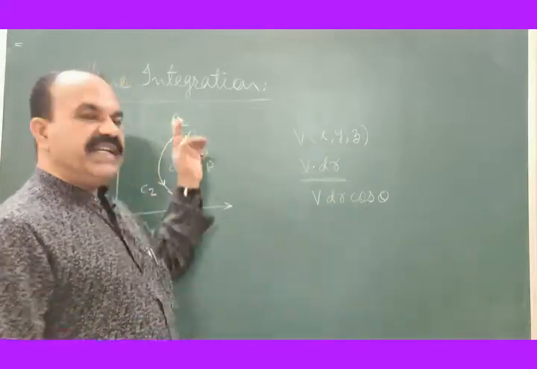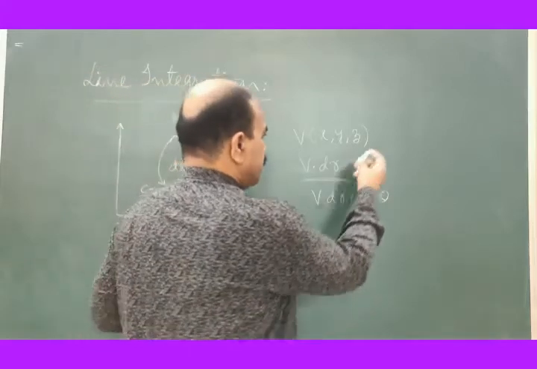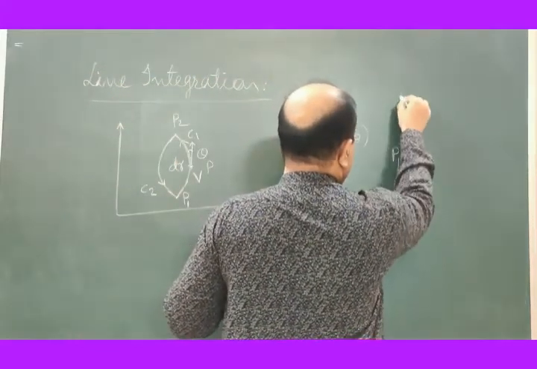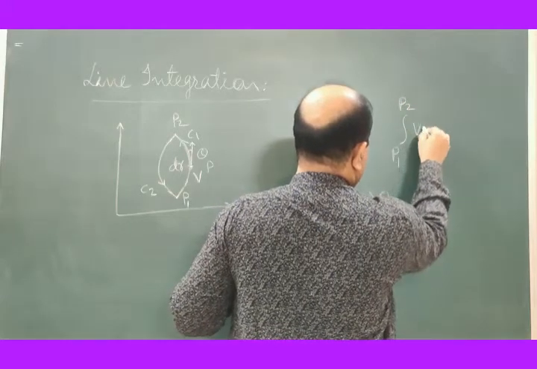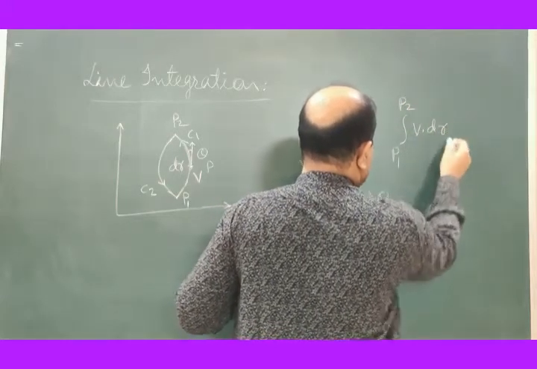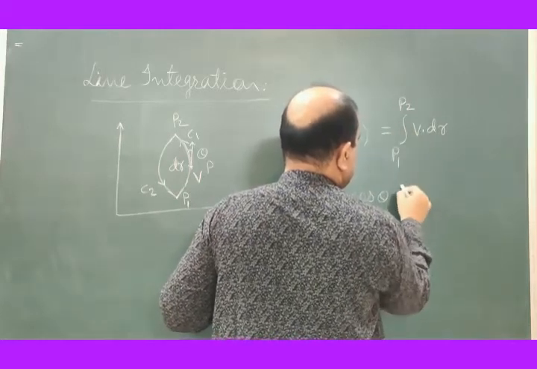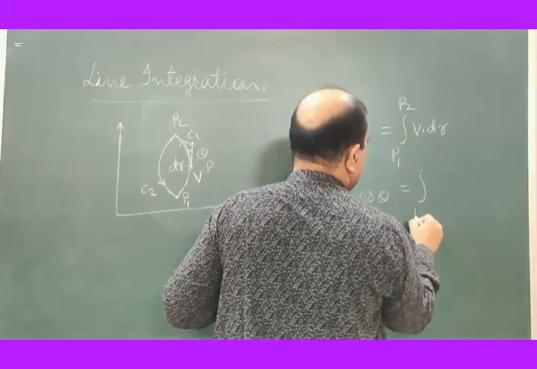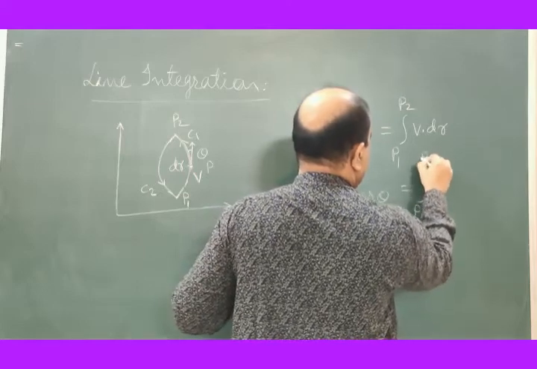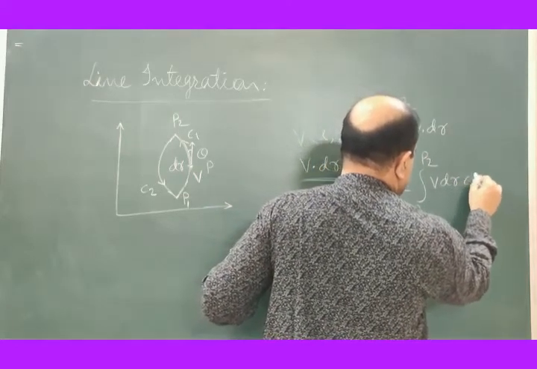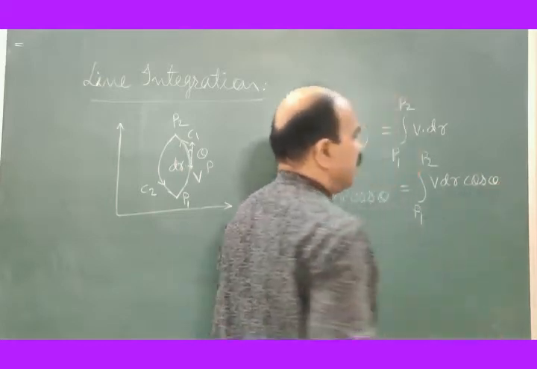And what will be the line integration? It will be simply this: integration from P1 to P2 of V dot dr. This is nothing but integration from P1 to P2 of V dr cos theta.